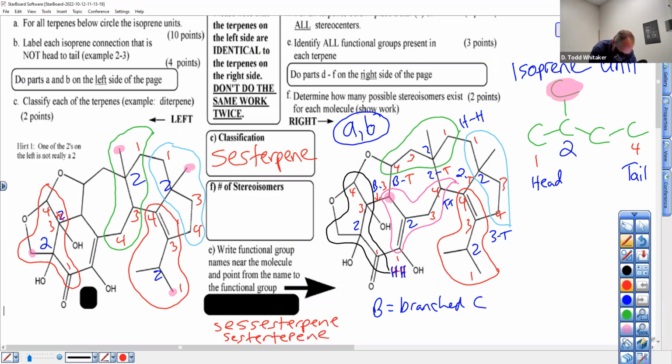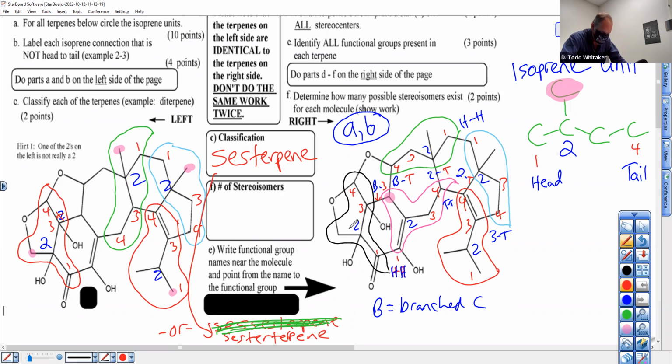I don't know why they did that. That is an alternate for C terpene that I don't think anybody in this room is going to pick. Okay? This is the same. Oh, I didn't even have the second R. There it is.